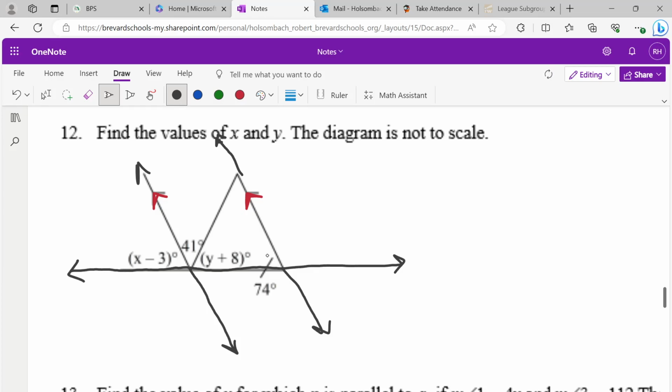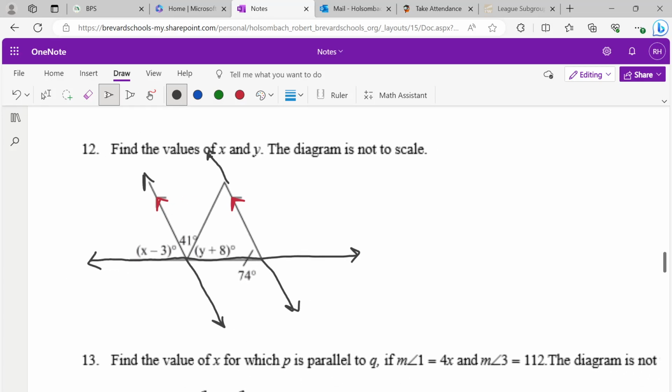So where this 74 is located in this picture, if I were to redraw this picture right here, if I did this, this, and this, and I left this line out where my cursor is, I'm going to put an x minus 3 right here and a 74 right here. Can you see that relationship better right now?